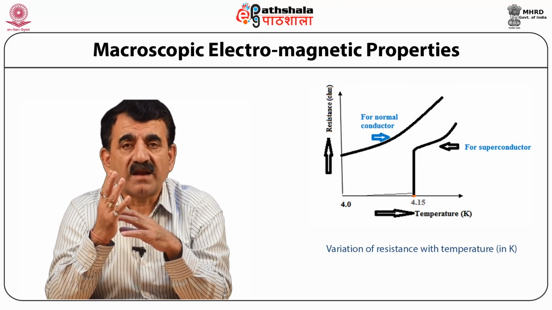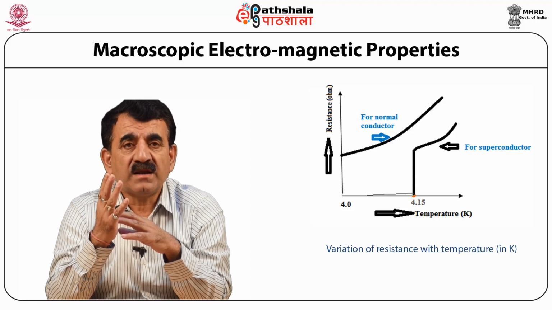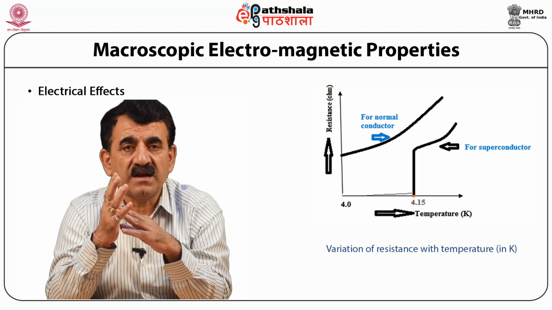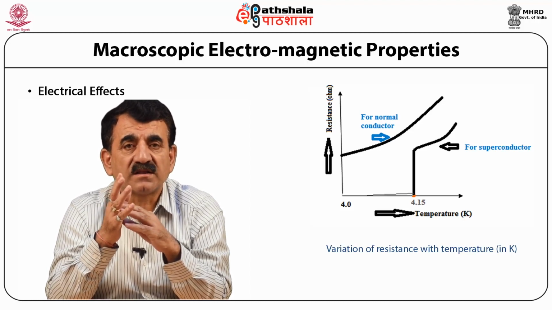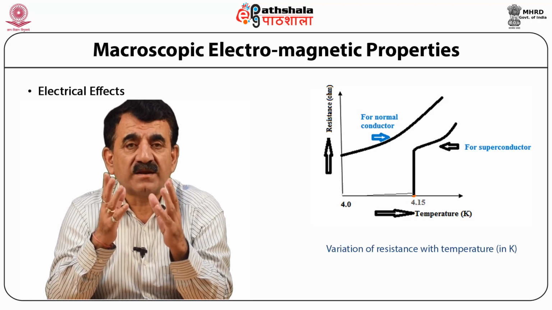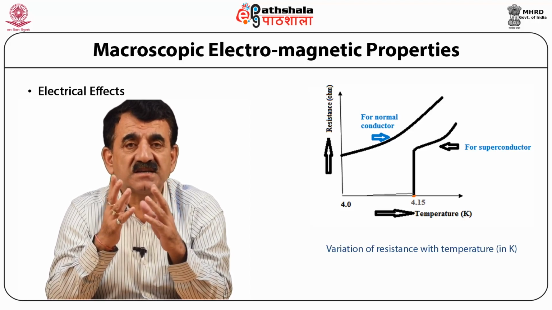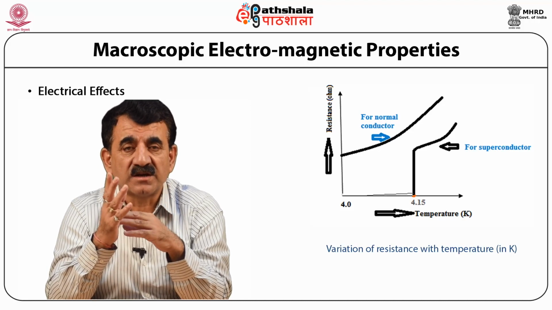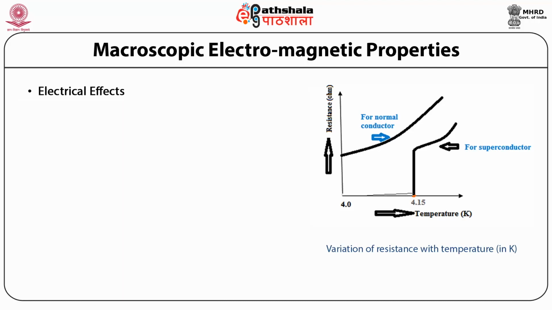In 1911, when he was studying the variation of resistance with temperature for mercury, he was shocked that at 4.15 Kelvin the DC resistance decreases sharply. With this experiment, superconductivity was discovered, which is linked with the magnetic effects, which we call the Meissner effect.